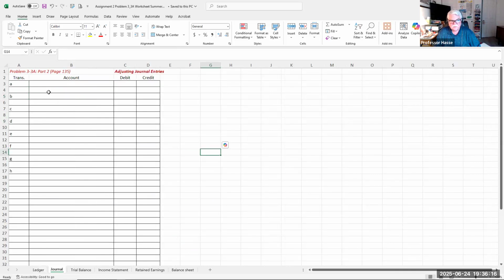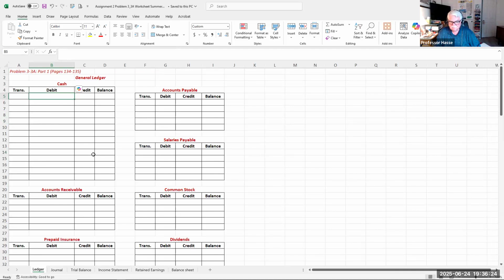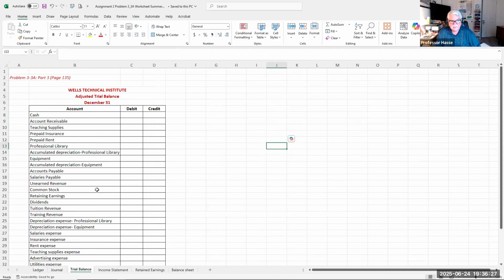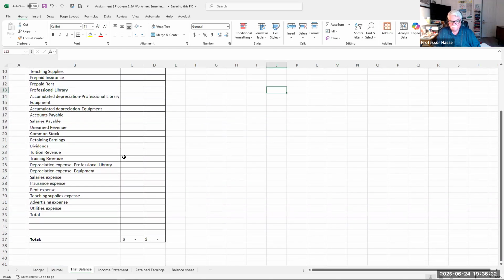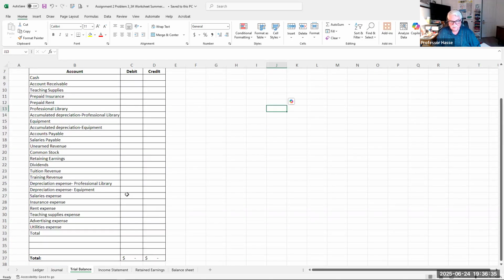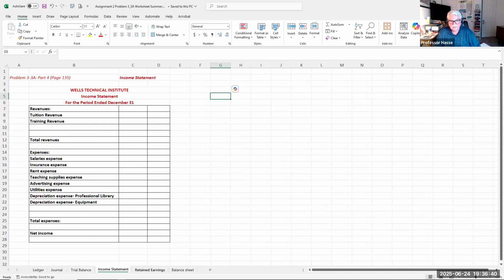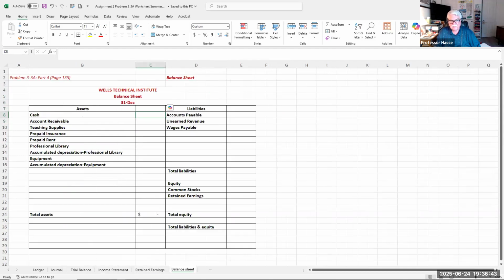Then you do the journal entries A through H here. Go back and post them to the ledger. And then prepare an adjusted trial balance for the company. And when you have that adjusted trial balance done, I give you all the accounts. Then do an income statement, a retained earnings statement, and a balance sheet for the company. And what a great guy I am. I've given you all the accounts in their proper sections. You just have to come up with the numbers to make sure everything balances.